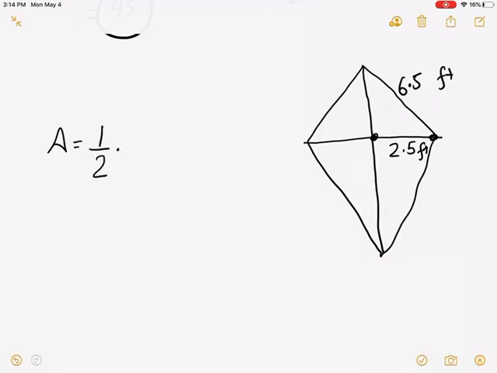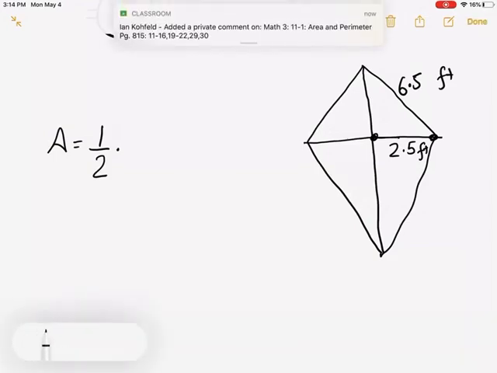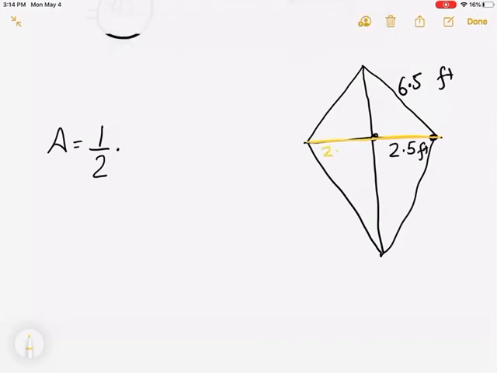Do we know one of the diagonals? Yeah, because what I see is, if this is 2.5, this is also going to be 2.5. So I know one of the diagonals is 5 for sure. Do we know the other one? No, we don't know any of those.